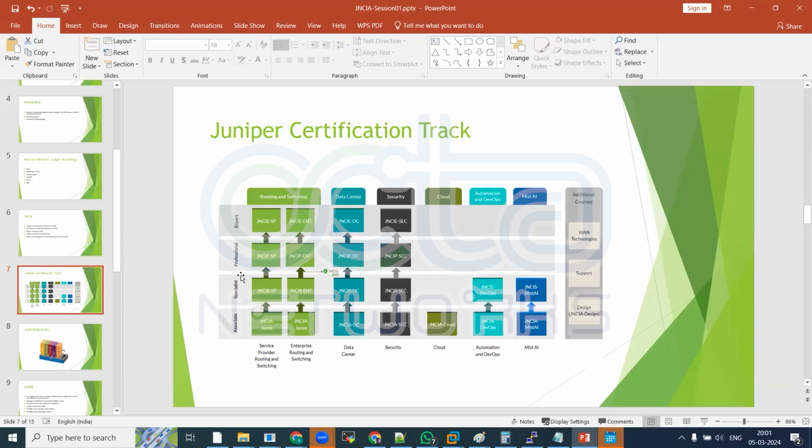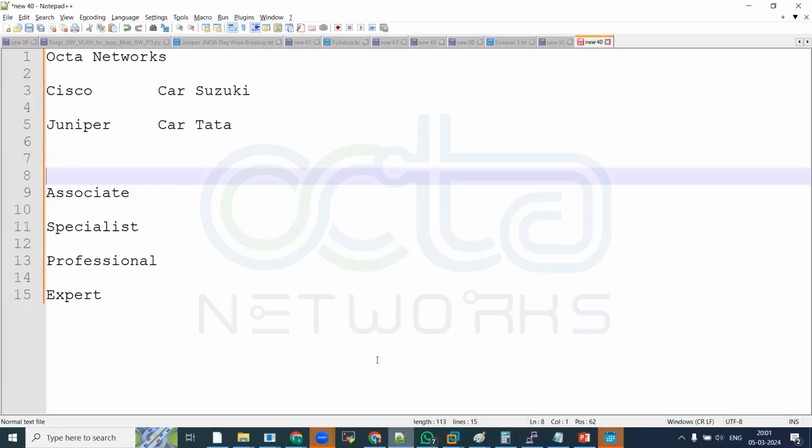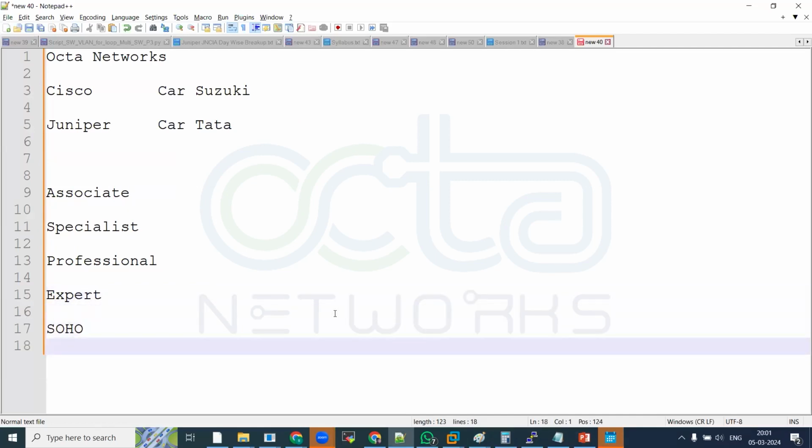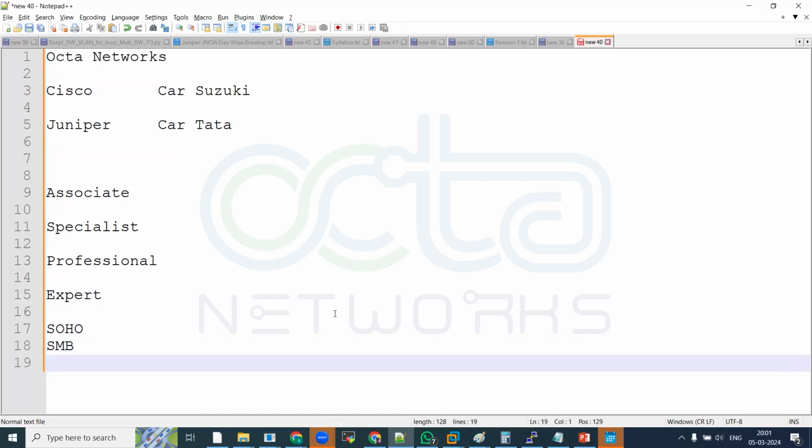That's also enterprise business. See, in terms of businesses, we have three categories. Let me note it down. We have SOHO, we have SMB, and we have enterprise, right?